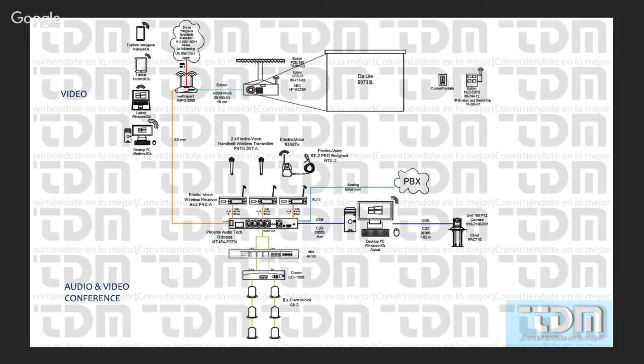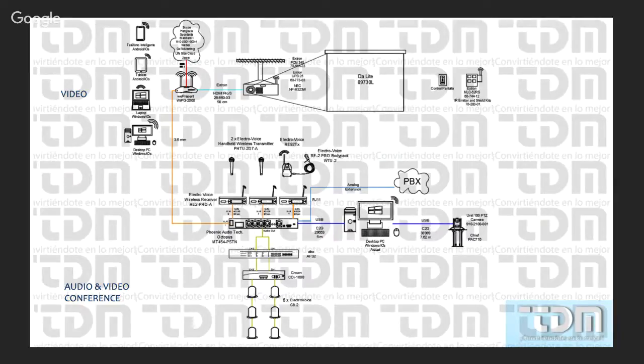What will we use for video conference? Let's say we have an audio and video application based on the cloud, like WebEx, GoToMeeting, whatever you want. So we will connect the USB camera to our desktop computer, and the far end will see us through the ClearOne UNITE 100 PTZ.